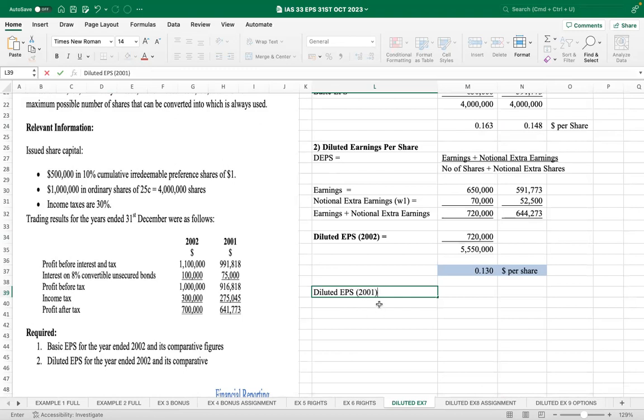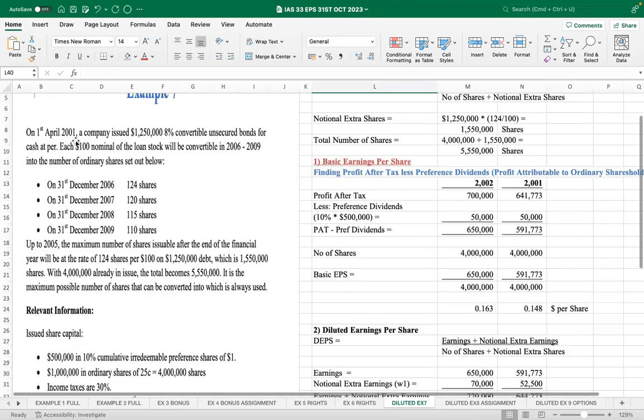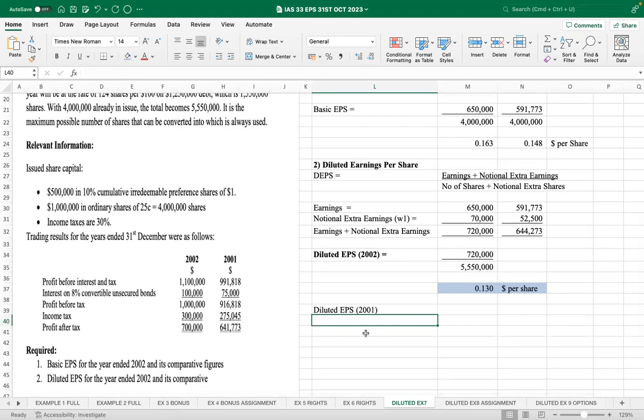Remember, in 2001 is when this conversion option, on 1st April 2001, the company issued 1,250,000 bonds. It was issued in the middle of the year.